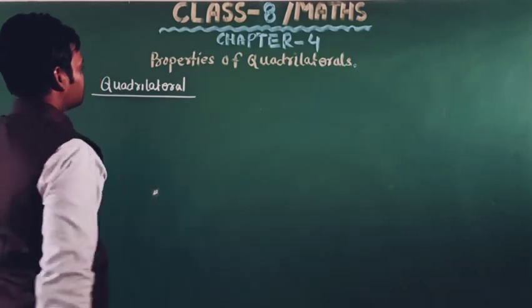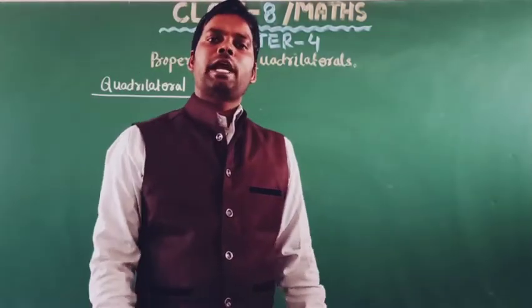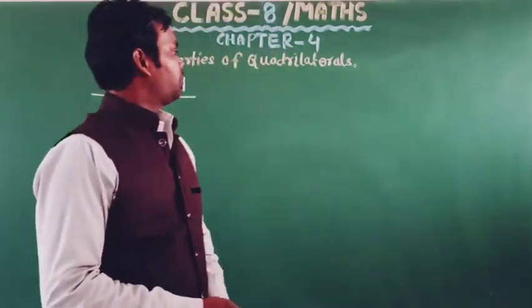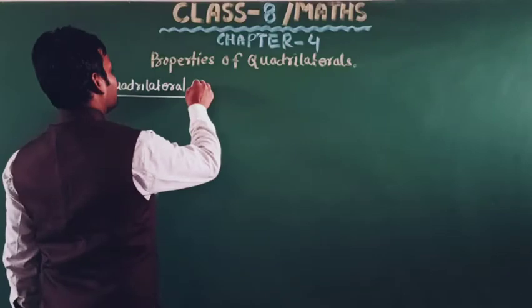Okay, so a quadrilateral is a four-sided polygon bounded by four line segments.